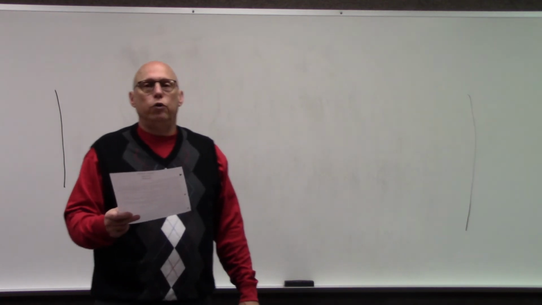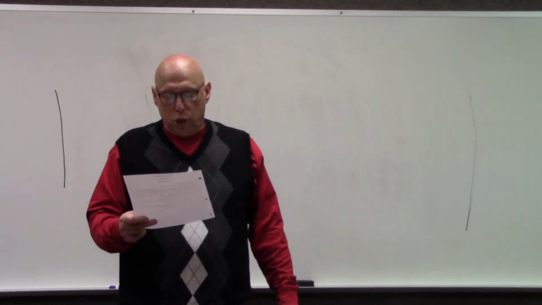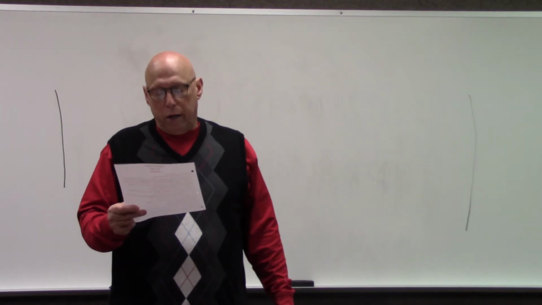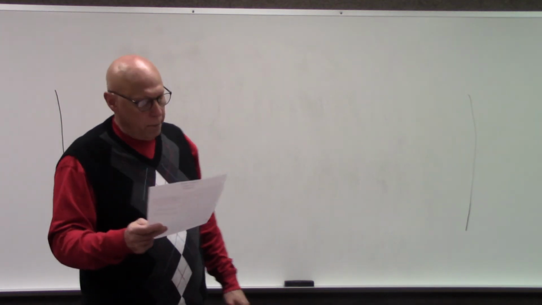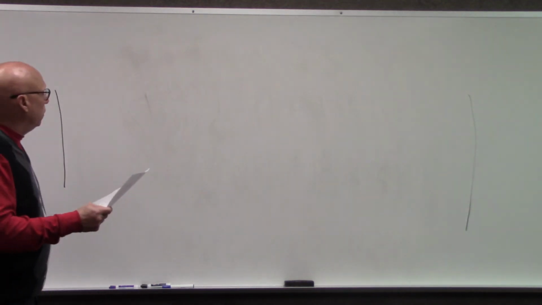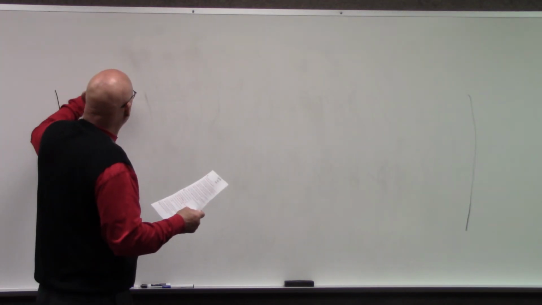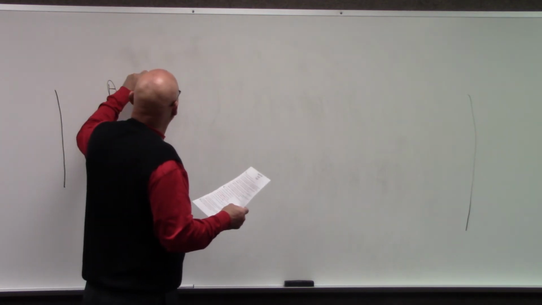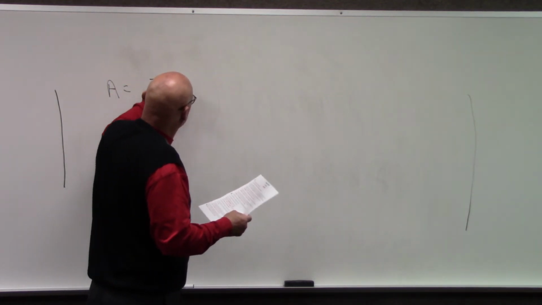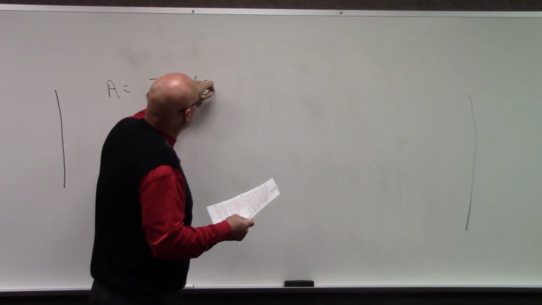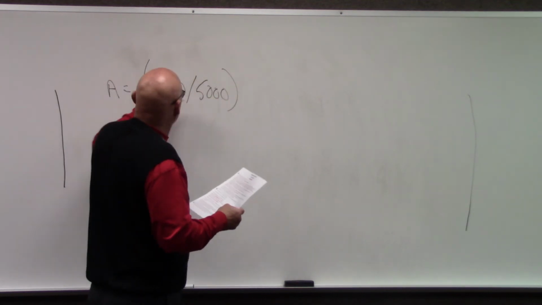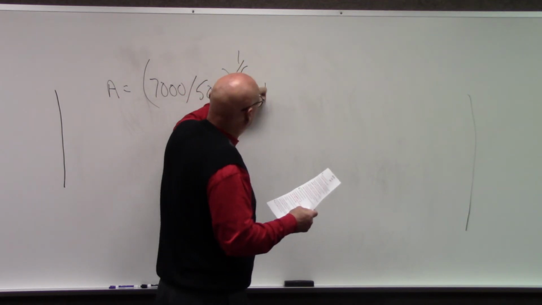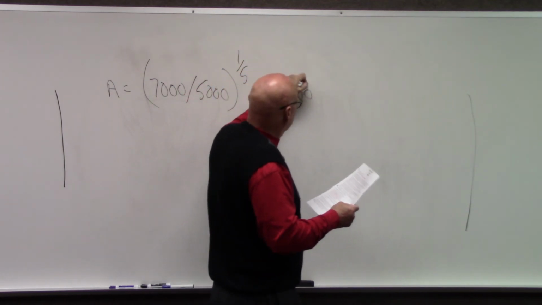So what we have to do is to determine the annual rate of return. For investment A, the IY is 7,000 divided by 5,000 raised to the 1 over 5, minus 1, times 100.